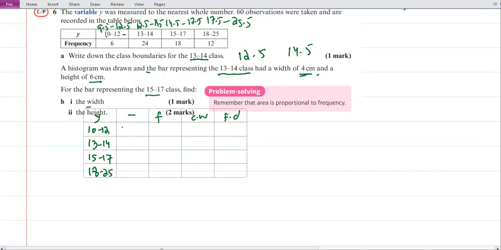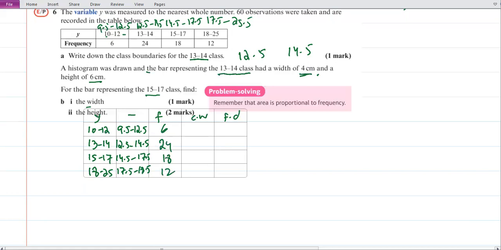When I write it without gap, it will be 9.5 till 12.5. This one will be from 12.5 till 14.5. This one will be from 14.5 till 17.5. This one will be from 17.5 till 25.5. Now frequency for each class: 6, 24, 18 and 12.